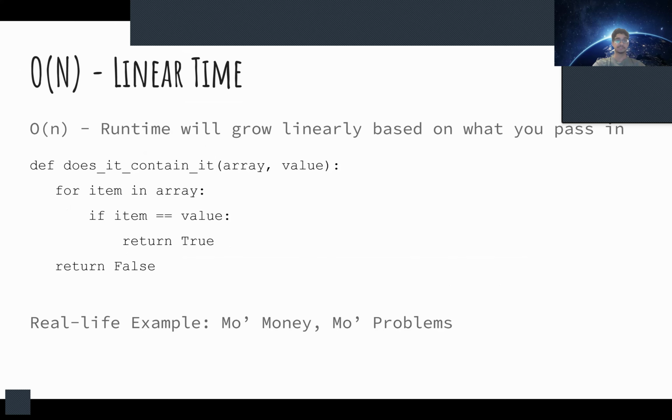We'll contrast this with linear time, which is where the runtime will grow linearly based on what you pass in. So someone other than Cisco for this one, since you just answered, why is this function in linear time compared to the other one being in constant time? I'll give you a hint.